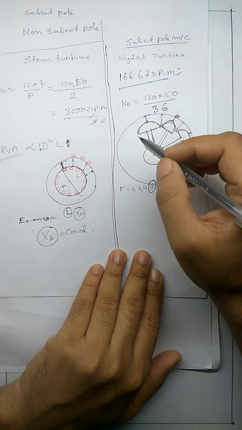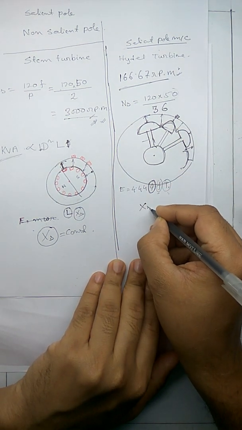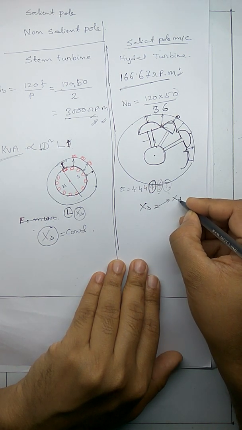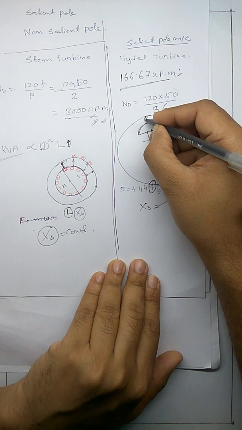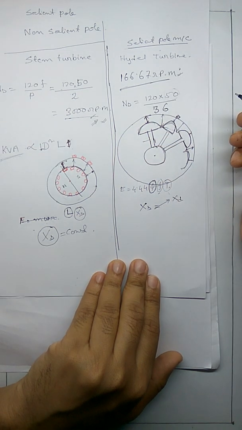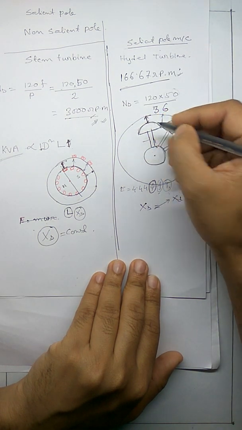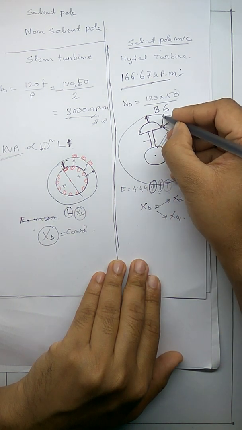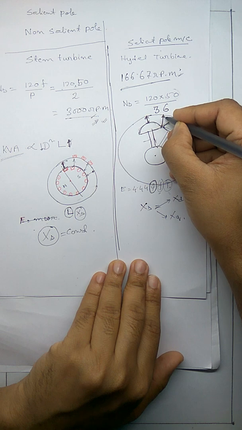What is the difference here? Here reactance will not remain constant. Reactance will have two parts. One is Xd, this one, called the direct axis reactance, corresponding to the smaller air gap, and another is Xq, or this one, corresponding to the larger air gap.